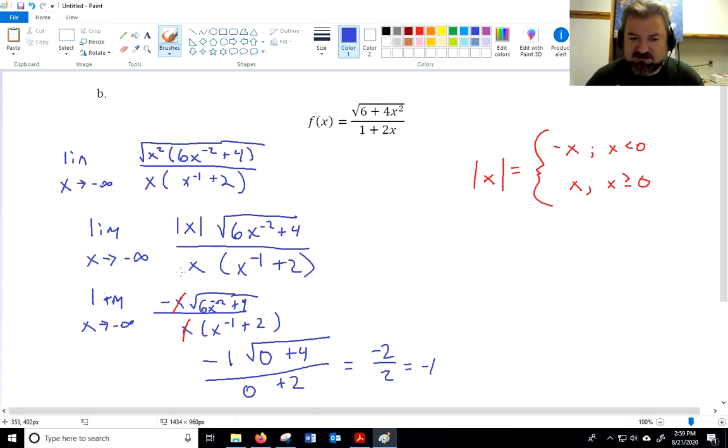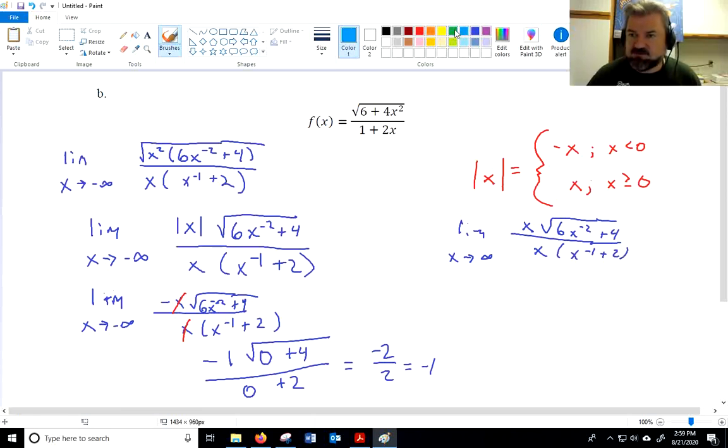Now let's go back to this situation as we evaluate the limit as x goes to positive infinity. As x is going to positive infinity, the x's are clearly positive, so we should be using the regular x branch. So it's just regular x times the square root of 6x to the negative 2 plus 4, over x times x to the negative 1 plus 2.